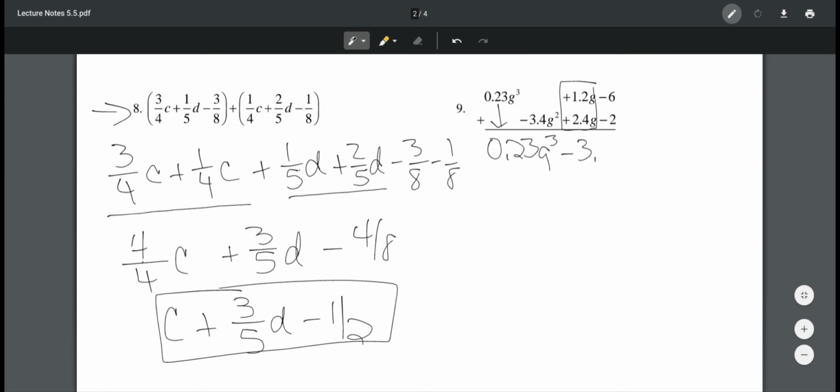So let's go back and fix that, 3.4 g squared. When I add 1.2 and 2.4 g, I get 3.6 g, and then negative 6, add straight down that column, and negative 2 give me negative 8. That would be the final answer for number 8. Now, most people don't like to set it up that way, but if that is the way that you like to do that, by all means, you can do that.